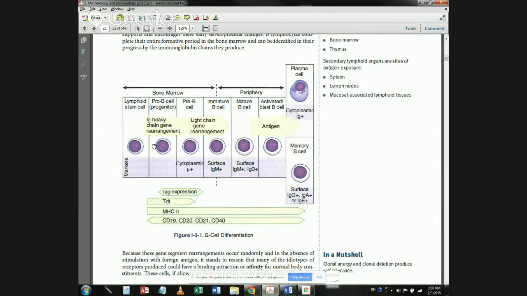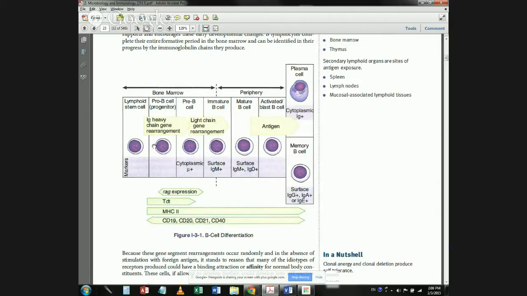Okay, so that's interesting. So when first you have that heavy gene rearrangement happening, and once that's done, it enters the cytoplasm from the nucleus. And now the cytoplasm is positive for the mu heavy chain, the mu molecule. But while that's happening, at that same time, the light chain gene rearrangement is taking place in the nucleus.